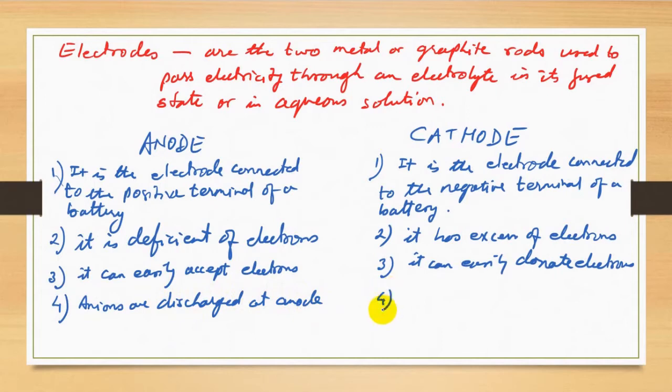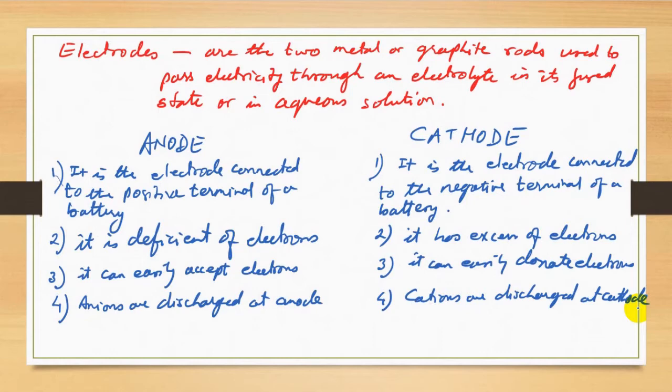And here I'll write down cations are discharged at cathode. Is it clear?